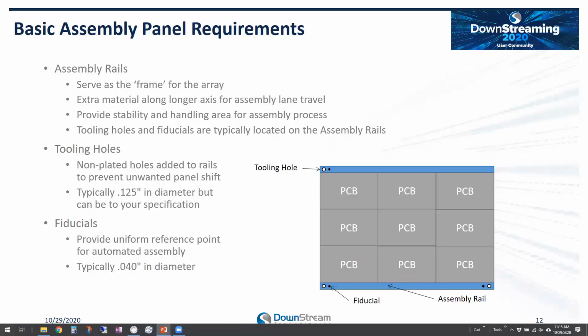They do provide stability, and typically you add tooling holes, fiducials, and in a lot of cases you add extraneous copper to those too, for etching and warpage reasons. Tooling holes are typically added. That's what we're going to mount this thing to on the milling machine or the D-panel machine. And then fiducials, of course, are for your vision equipment for doing the actual assembly.